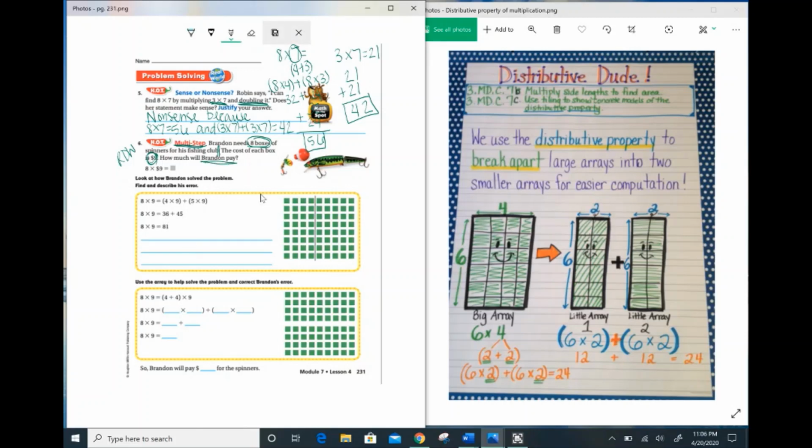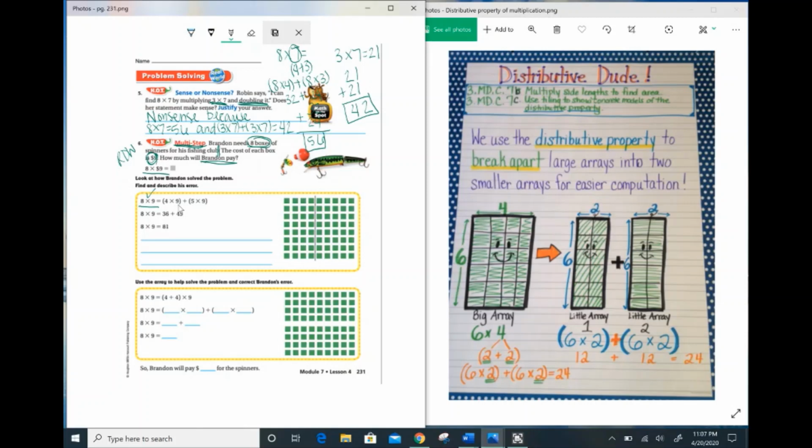Let's go ahead and see if we can figure out Brandon's mistake. So I know that we have 8 times 9. Okay, he has that part correct. So in this case, I see that he is using the distributive property of multiplication, but I'm not sure if he did the 8 or the 9.